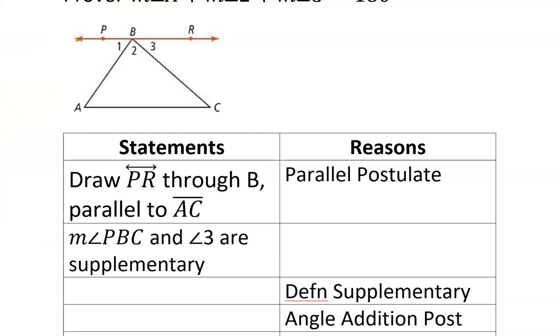If you were doing this on your own, I don't know that you would come up with that at this point. But if you look at it, this angle that I have highlighted in green plus this one are supplementary. They do form a linear pair.